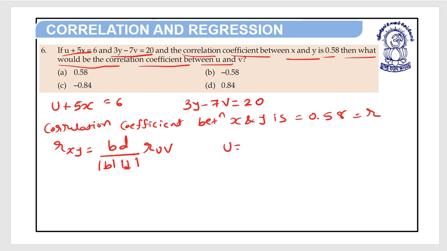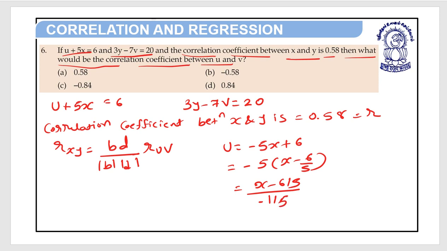Here u is equal to minus 5x plus 6. So you can write minus 5 common, x minus 6 upon 5. So it is x minus 6 upon 5 upon minus 1 upon 5. That is b.